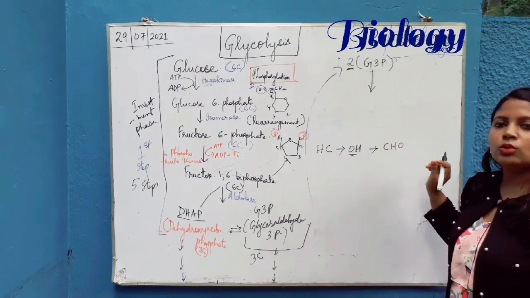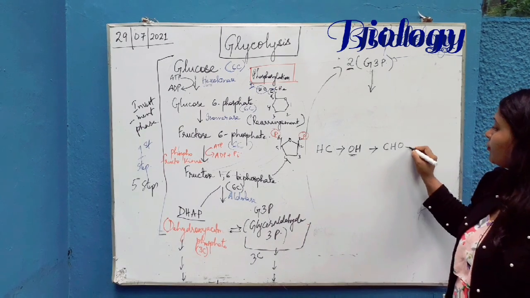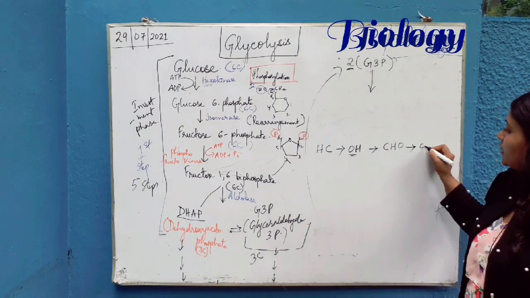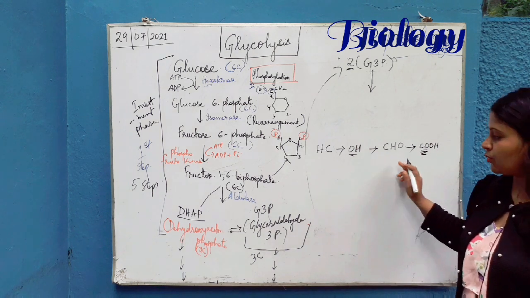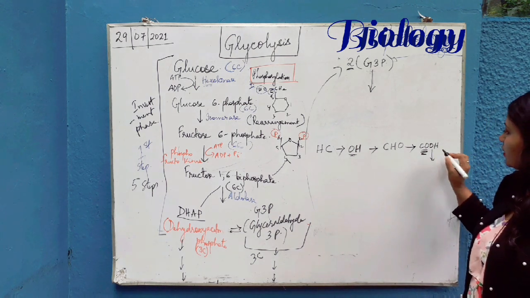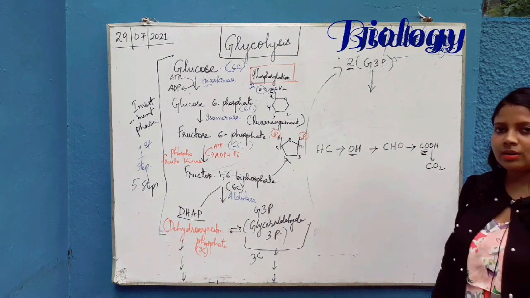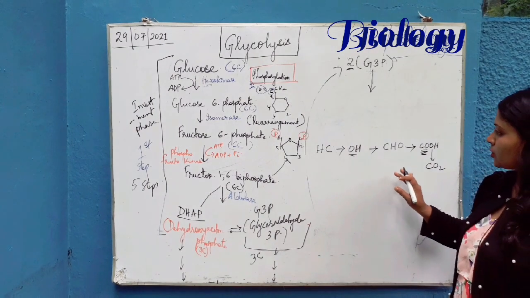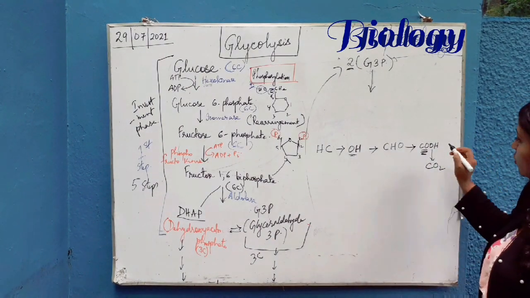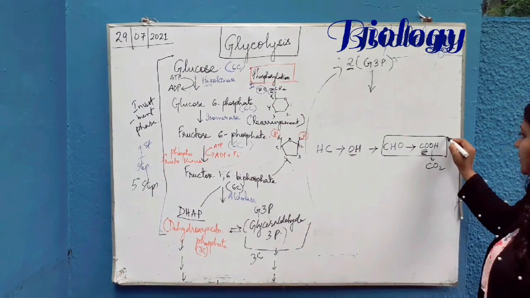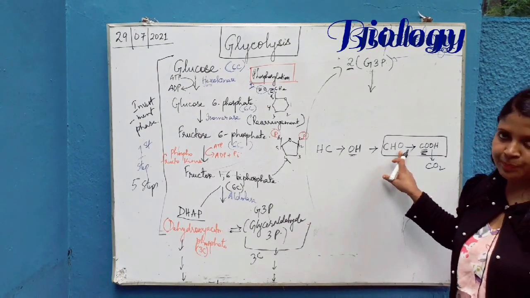When the aldehyde group is oxidized, it forms carboxylic acid, meaning acids are formed from the aldehyde group. And when carboxylic acid undergoes oxidation, it produces carbon dioxide. You may be knowing about this process. What I want to show is that this aldehyde is glyceraldehyde.